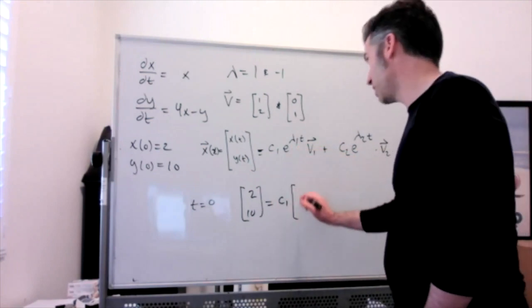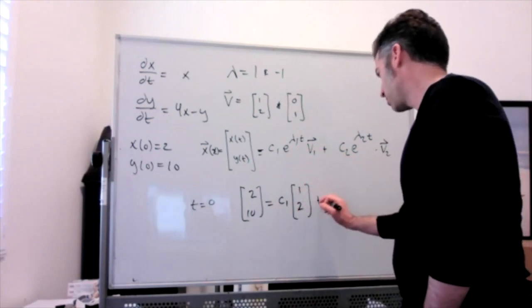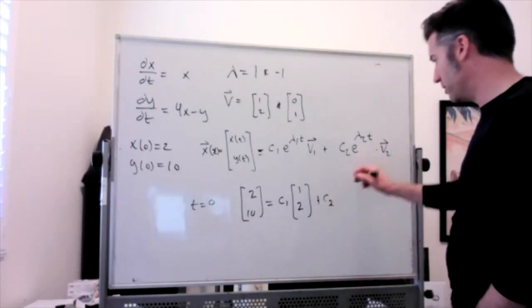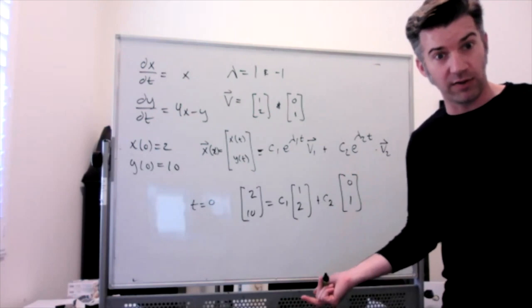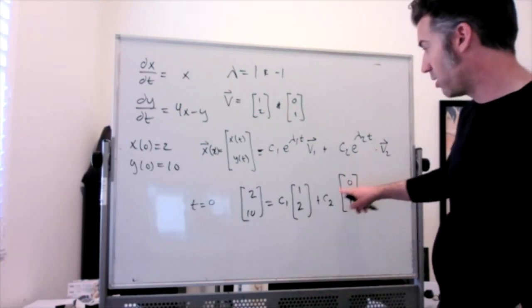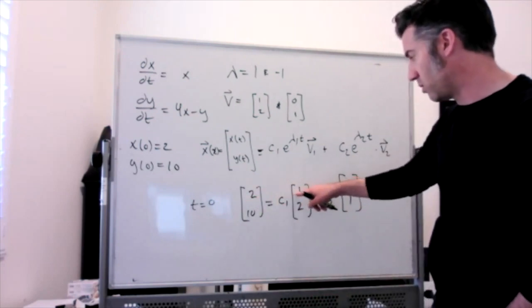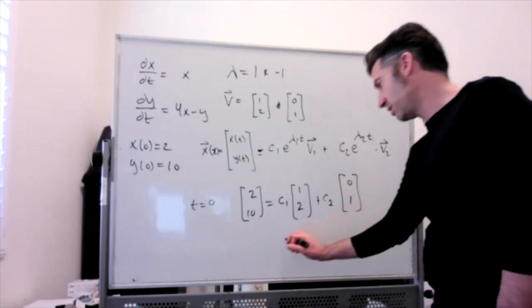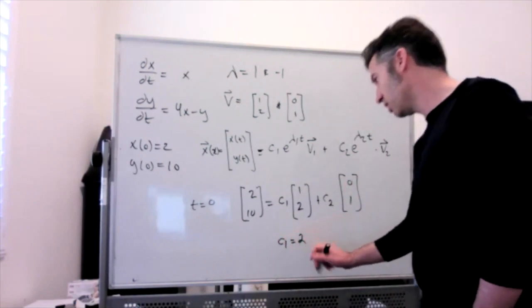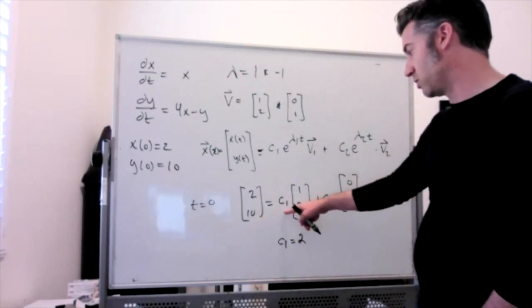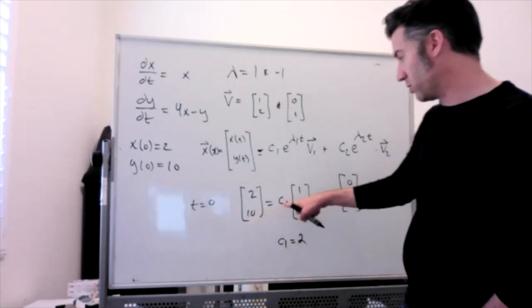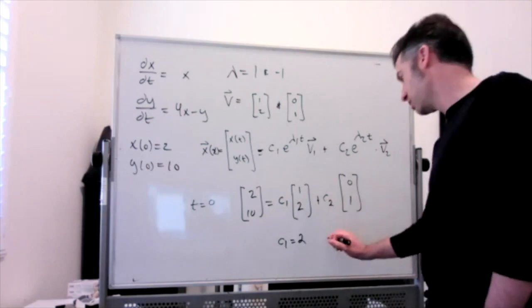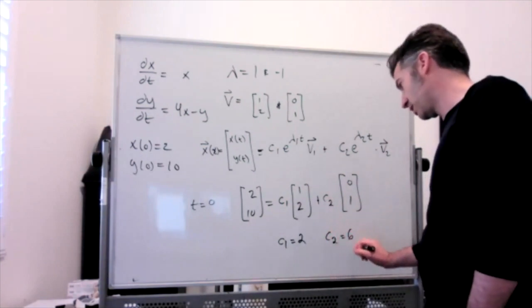So it's c1 times v1 plus c2 times 1 times v2. Oh yeah, we definitely did this one because I talked about how it's easy to solve, because you have a 0 here: 2 equals c1 times 1 plus c2 times 0. So that means c1 equals 2. And 10 equals c1 times 2 plus c2 times 1. The c1 is 2, so 10 equals 4 plus c2. So c2 has to equal 6.